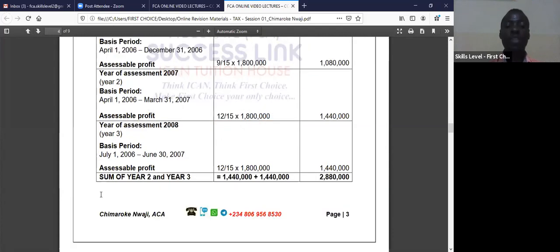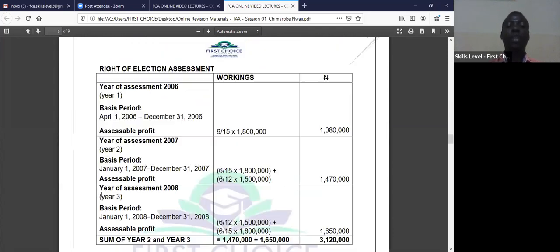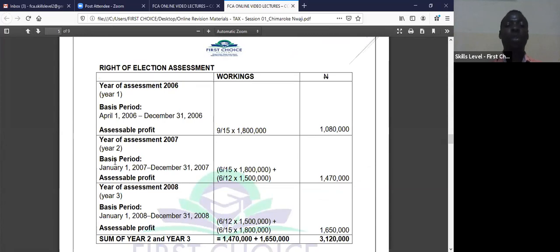Now, in the case of right of election, I'll concentrate on year 2. Year 2 must be January 1 to December 31st of the same year. Year 3 must be January 1 to December 31st of the same year. That is why we call it actual year basis. Now let us see what we'll do. Where can we get January 1, 2007 account?